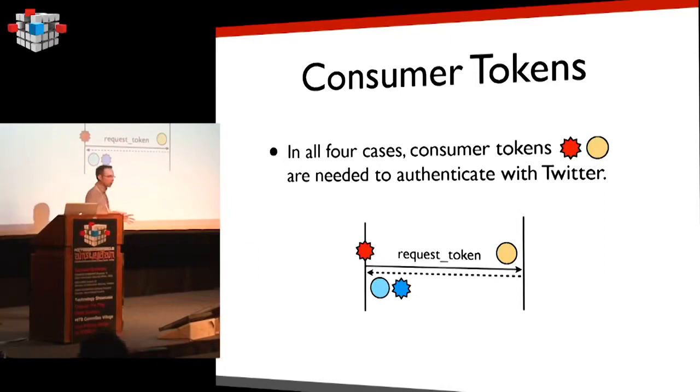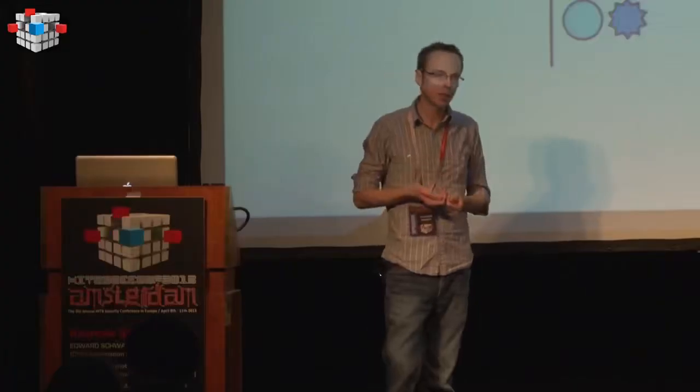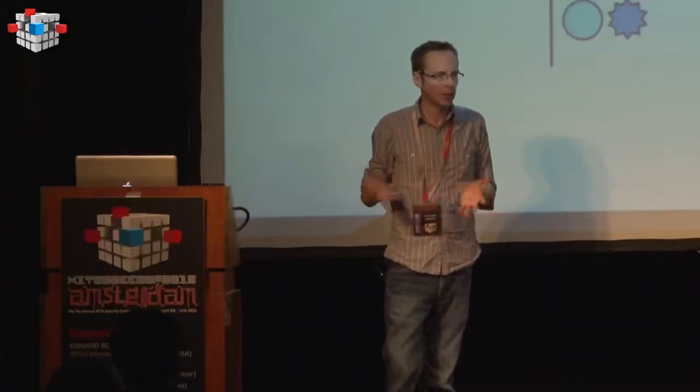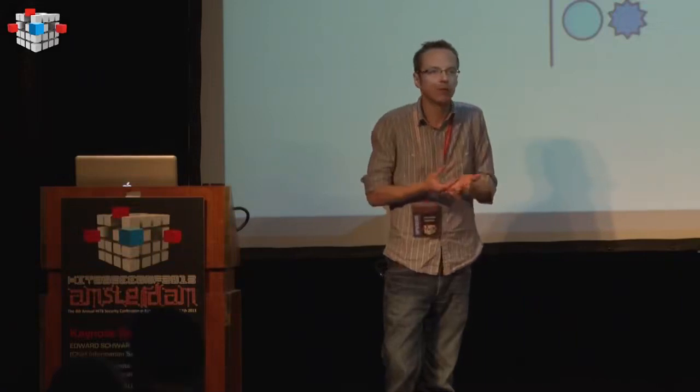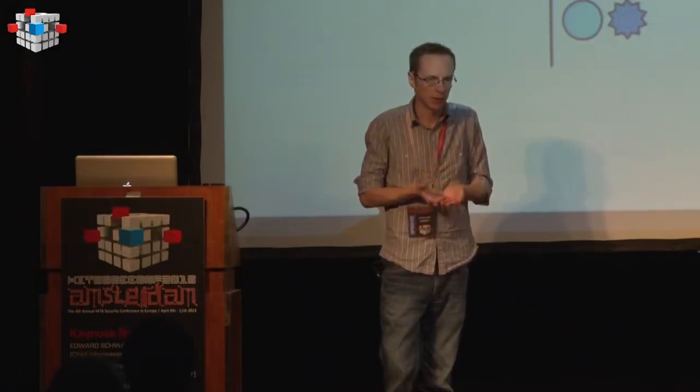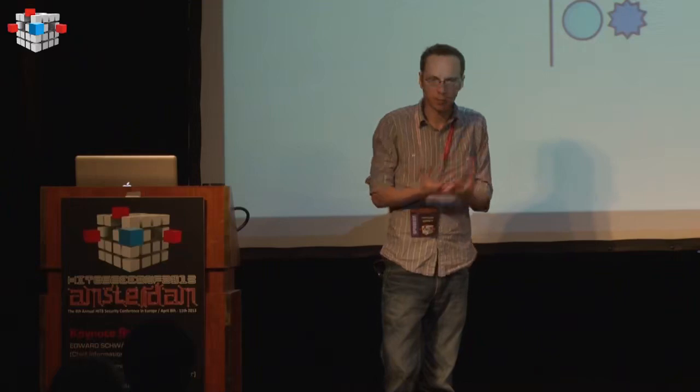So I tried to present graphically what's going on in the 4 cases of authentication when you authenticate with OAuth to the Twitter API. So you've noticed that in all 4 cases, we used these tokens here. They are very important. They are the consumer tokens. These are values that are embedded in the application. If I use twitter.app for macOS 10, these values are part of twitter.app. They are part of my binary file.